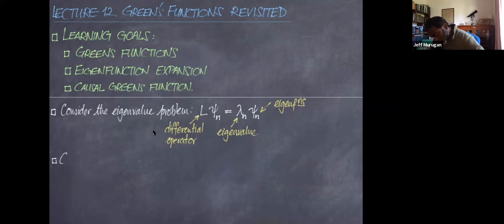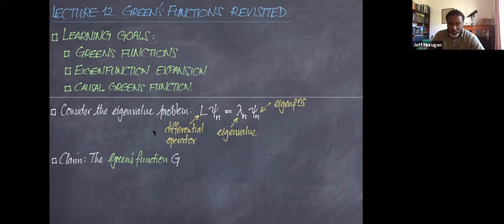So my claim, the Green's function, which let's call it G. And let's, for argument's sake, say that we're dealing with a one-dimensional system.